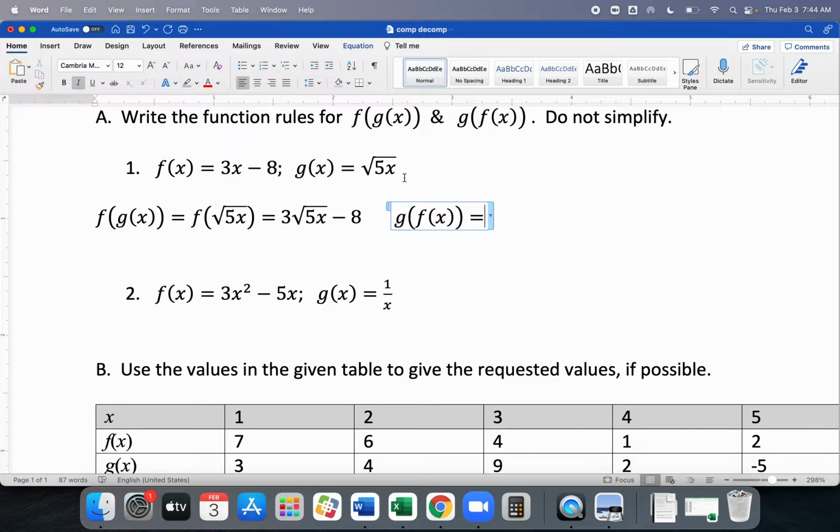That means my overall structure of my function is like this, but instead of having a square root of 5x, I'm going to have function g evaluated at this.